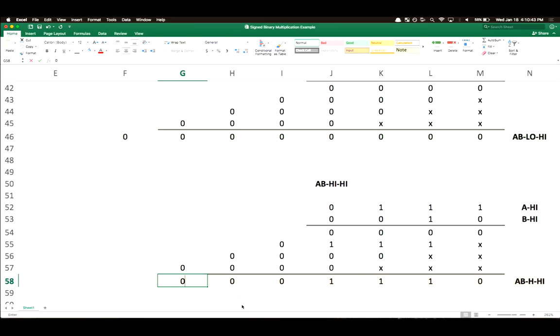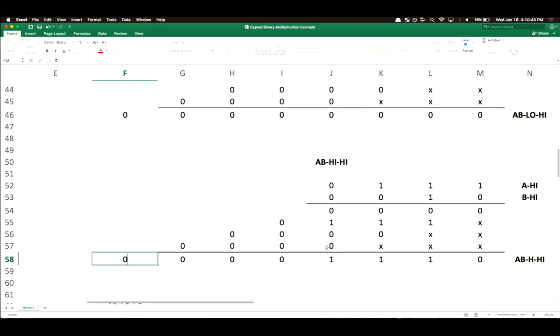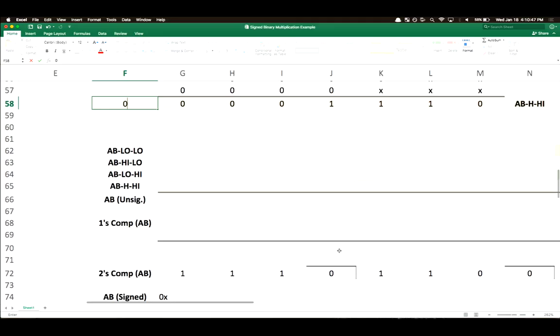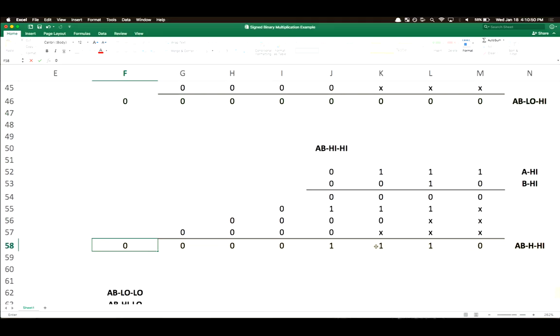So that gives us our 4 8-bit values, and we need to figure out a way to make those into 16 bits and get our magnitude of that product. And then we're going to look at what the sign bits were of the original operands, A and B, and see if we need to do a 2's complement or not, or just leave it alone.